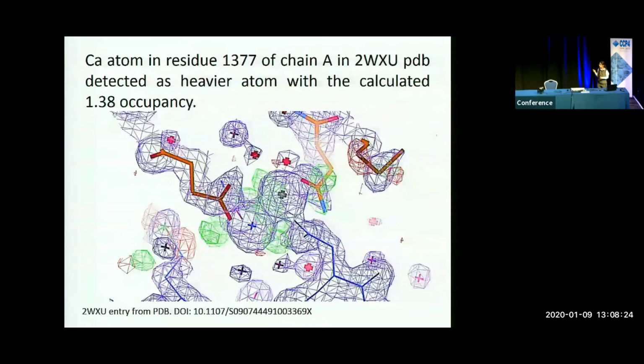With half occupancy of water and cadmium, 24 plus 4, it gives us 28 electrons, which also gives us the notion that in this position there should be cadmium with half occupancy with water.